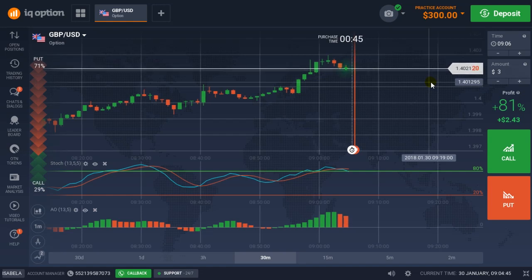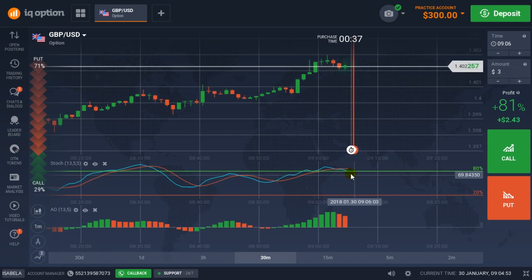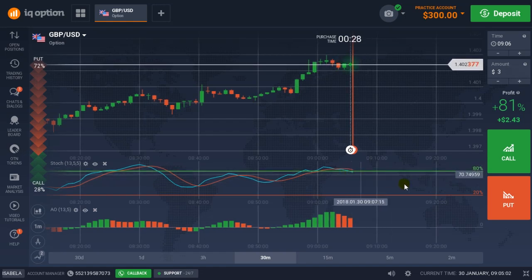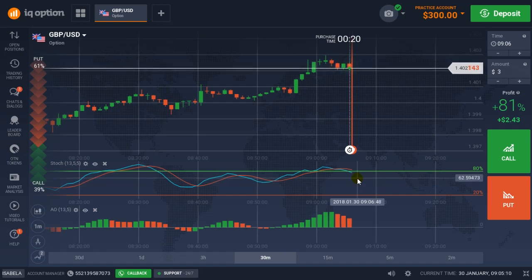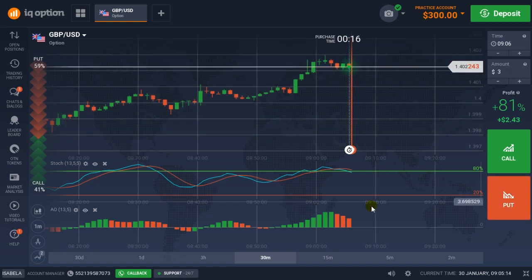Okay, so let's see what we see at this moment. The main line of the stochastic indicator is already crossed below the signal line, which is this red line. But now we still have to wait for it to come below the 80%, and with a big enough space opening between the two lines to give us confidence that we're going to enter, in this case, into a put trade.